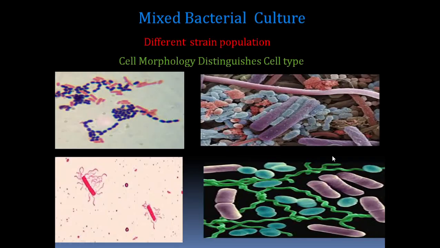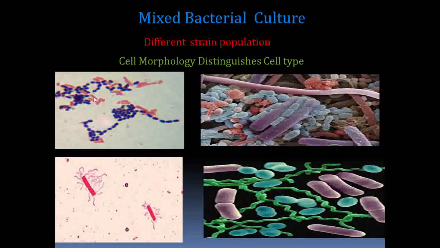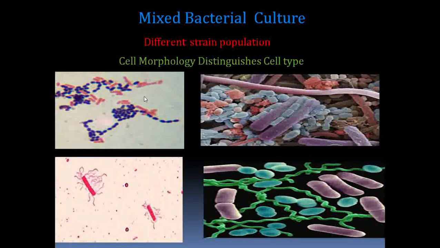Let's start with images that show us different bacterial cultures. Here you can see different types of bacteria, right? In this image, on the basis of gram staining we have already studied, we can differentiate the cell population on the basis of the stain they take up.